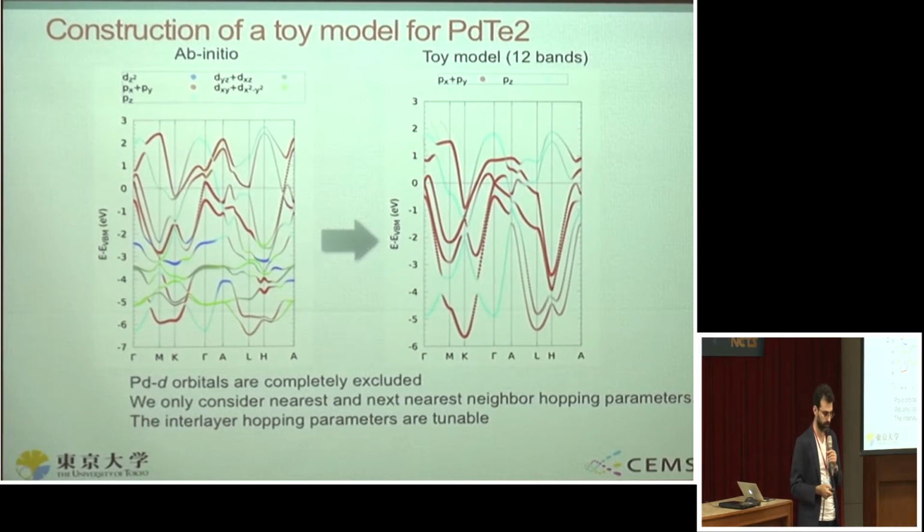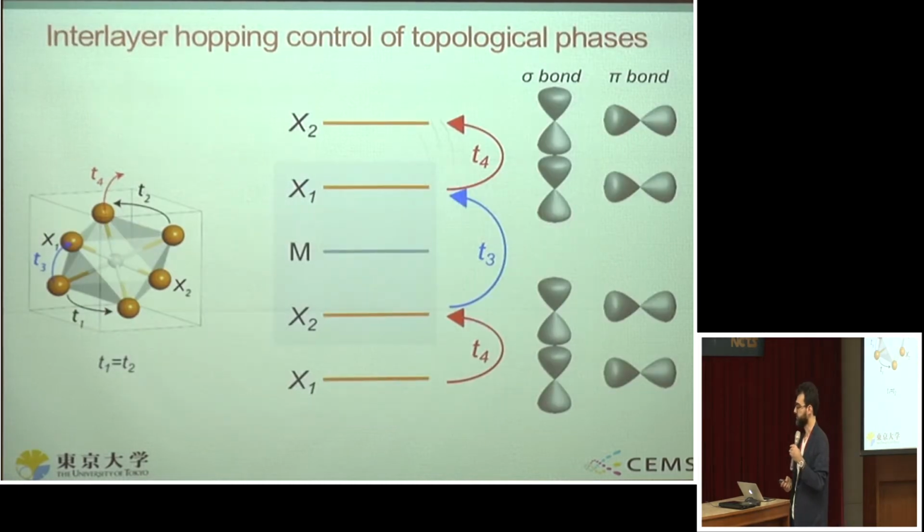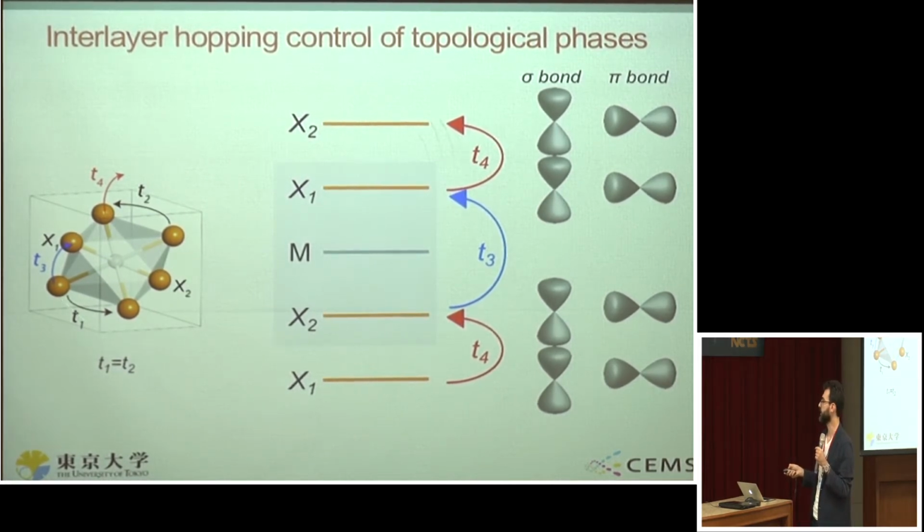And also to show how we can tune the type of the Dirac cone, I have made another toy model, a simple tight-binding model. So here we consider all possible hoppings between our chalcogens. So here you can think about in-plane hoppings from each layer, X1 channel or X2 channel.